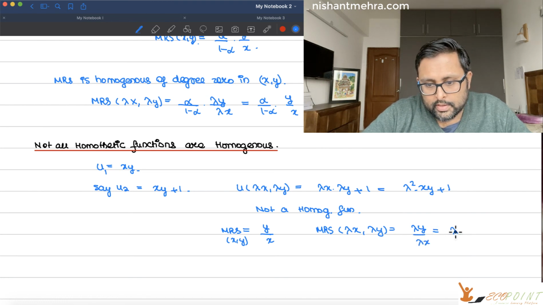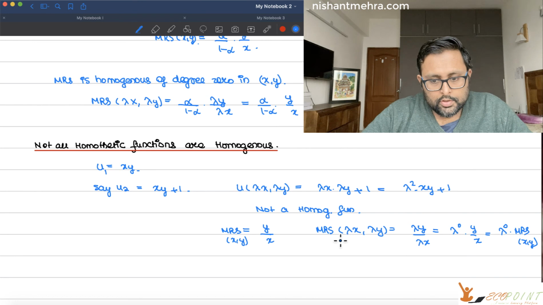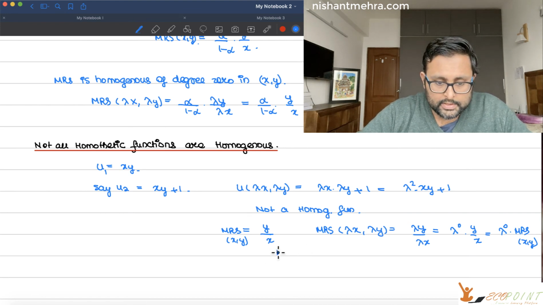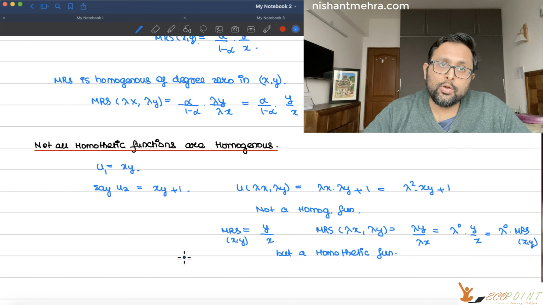Lambda cancels out, it is just y by x, which is lambda to the power 0 times MRS xy. So its MRS is homogeneous of degree 0 in x and y. It is a homothetic function. Although it is not a homogeneous function, it is a homothetic function. So all homogeneous are homothetic, but not all homothetic are homogeneous.